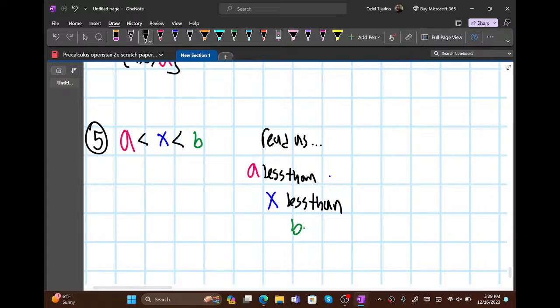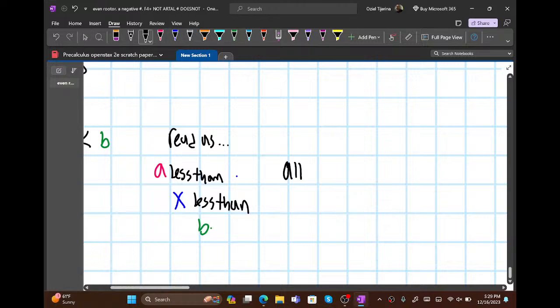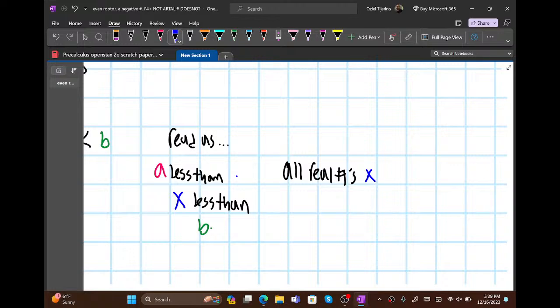Or we also say it as all real numbers x between a and b. There's many ways to say this. Honestly, it doesn't matter as much as long as you understand what it means.